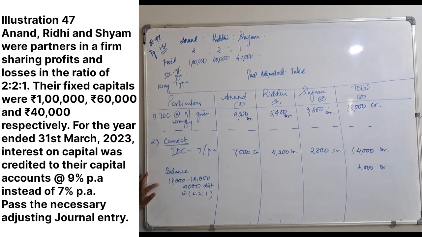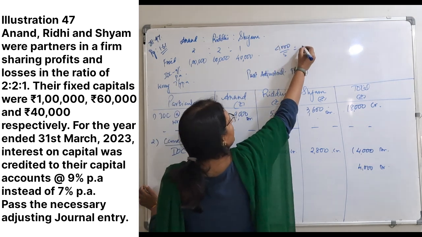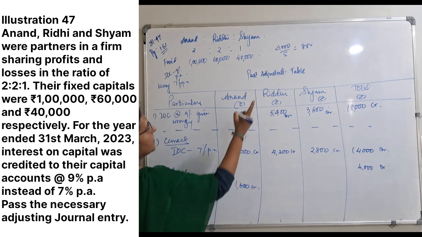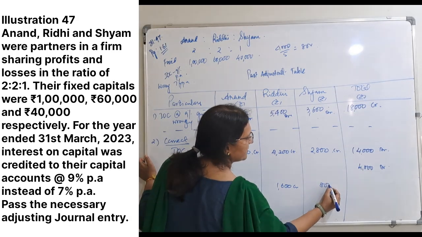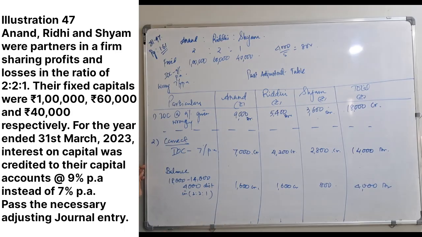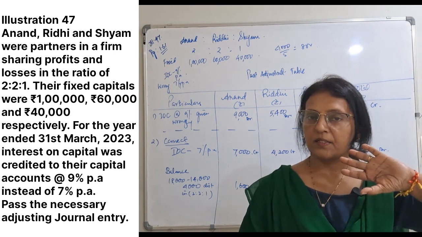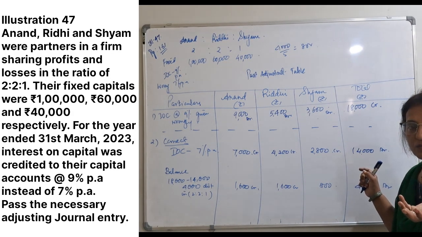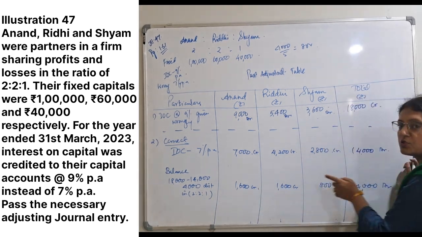So 4,000 divided by 5, total 5 parts: 800. Two 800s are 1,600, he will get; again 1,600; and one 800. Previously we had given 18,000 by mistake, but we had to give interest of only 14,000, so we distributed the balance 4,000 in the ratio of 2:2:1.